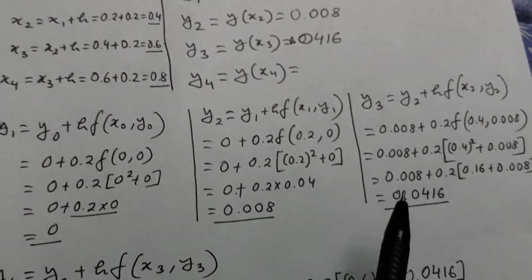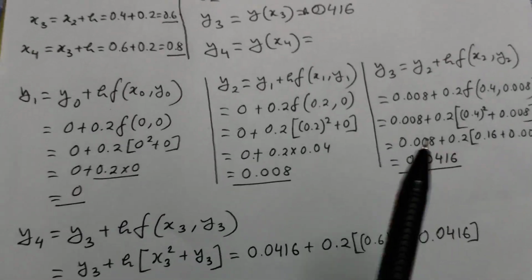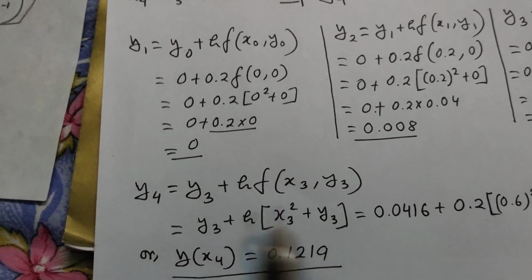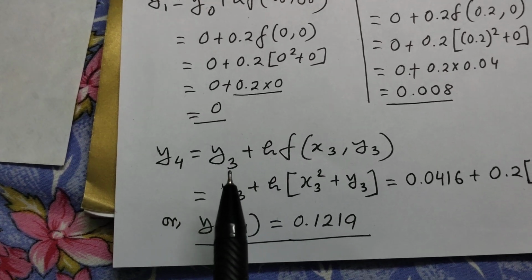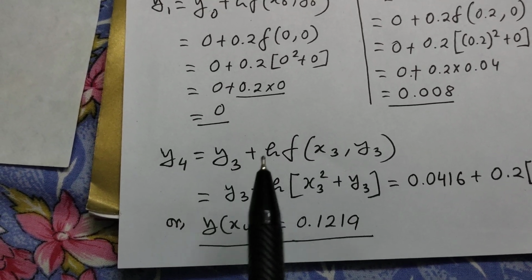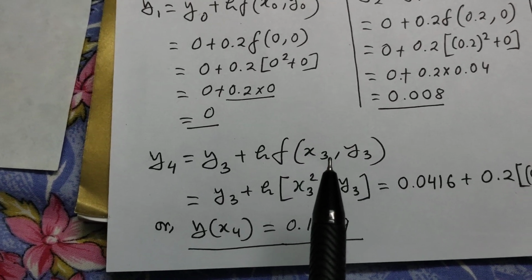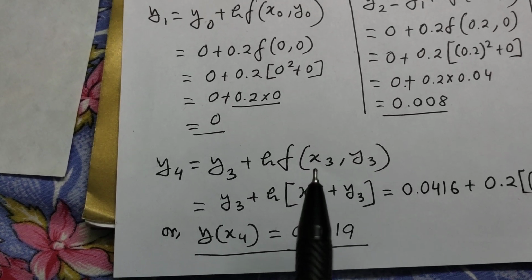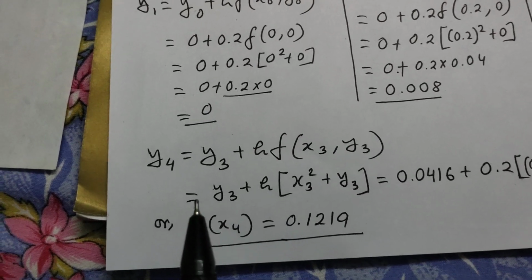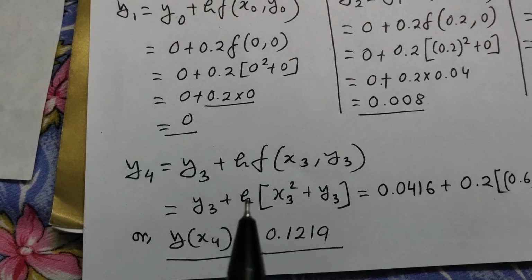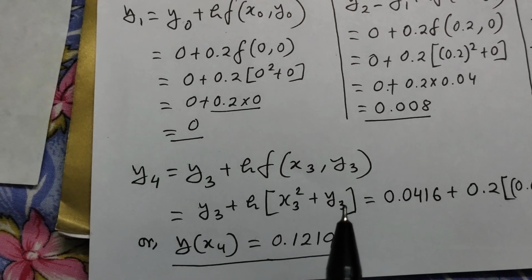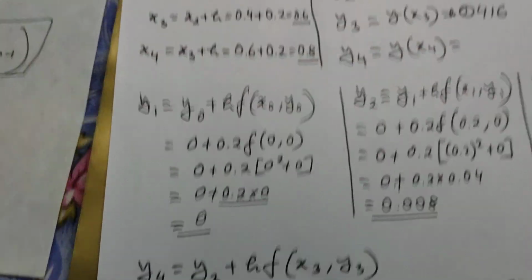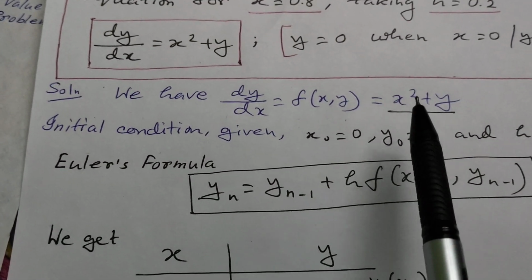Now by this value we have to calculate the value of y4. Now y4 equals, according to Euler's formula, y4 minus 1, that is y3, plus h f(x4 minus 1, y4 minus 1), that is x3 and y3. So it equals y3 plus h times x3 squared plus y3, right? How we will get this? By this formula. It is given in the question, right?